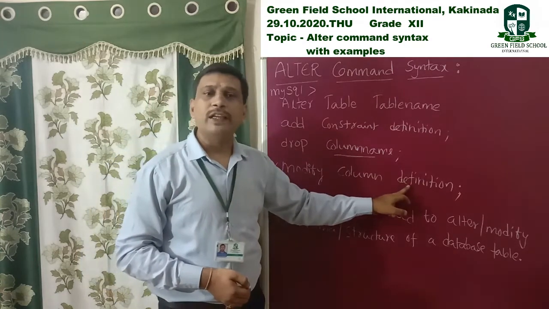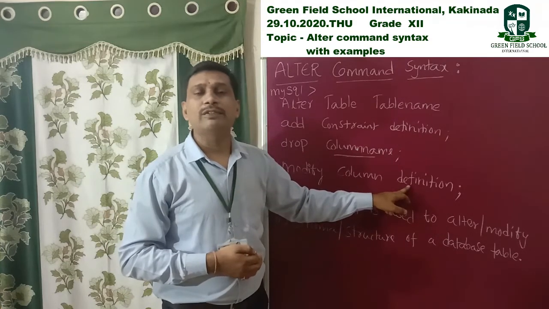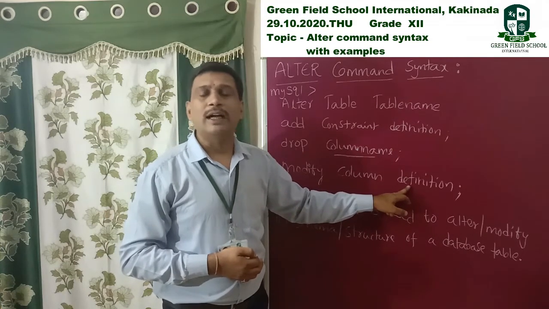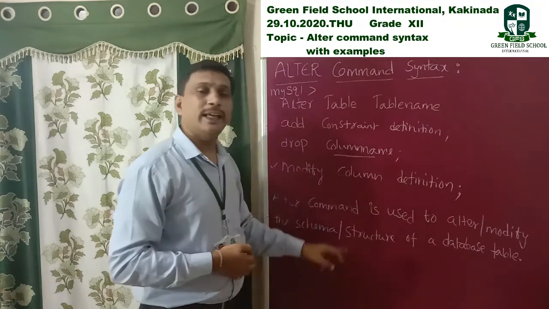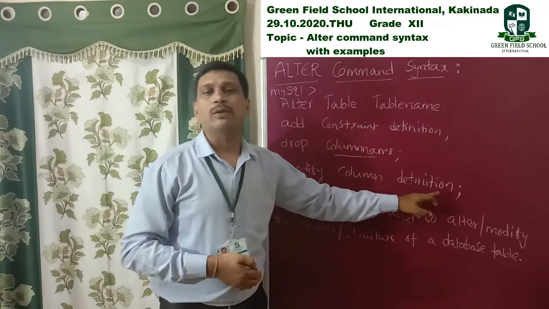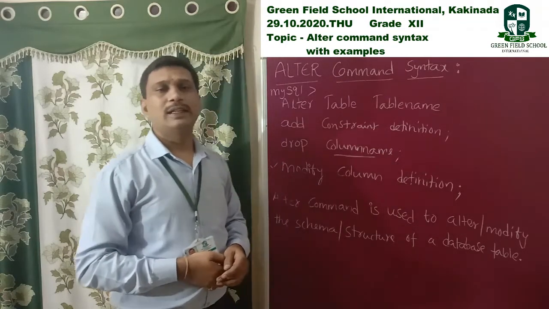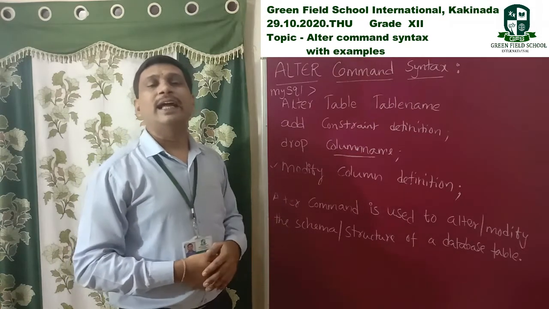Already I specified it with character of 10. Then I change the data type of that column from character of 10 to varchar2 of 10. That's why I specify here ename varchar2 of 10. Semicolon.